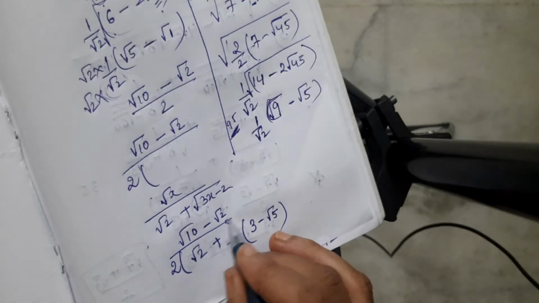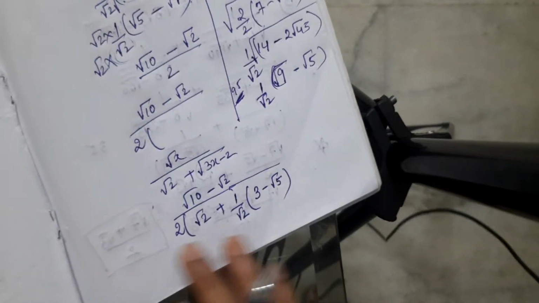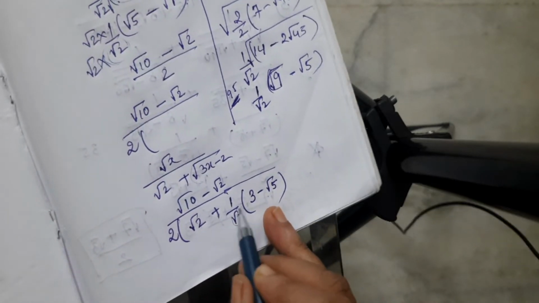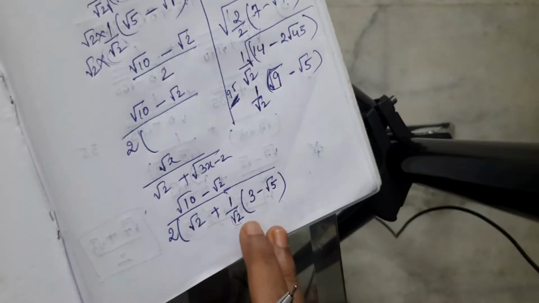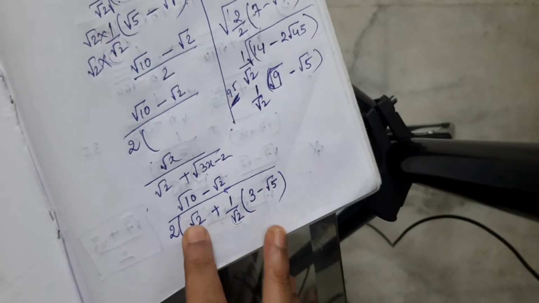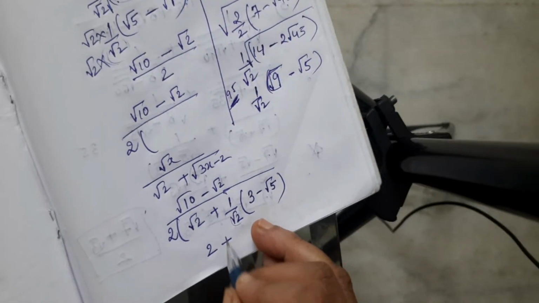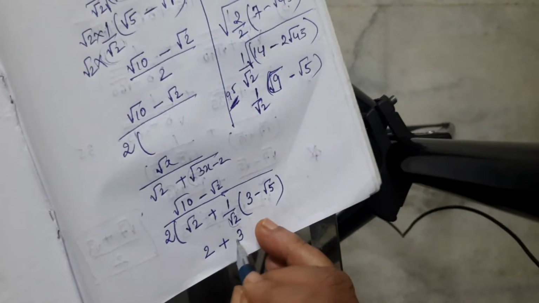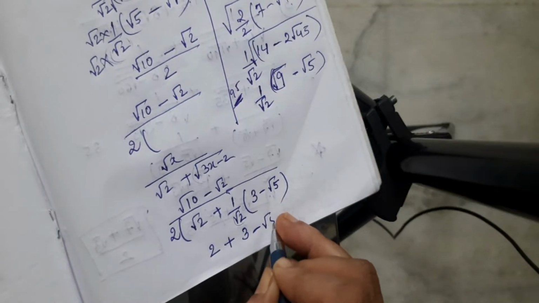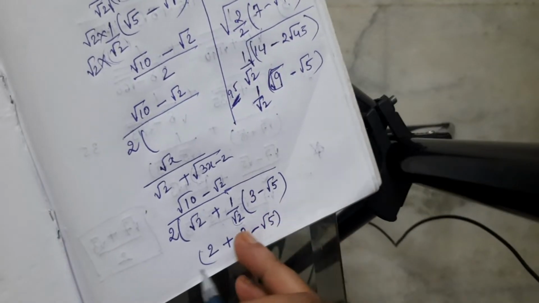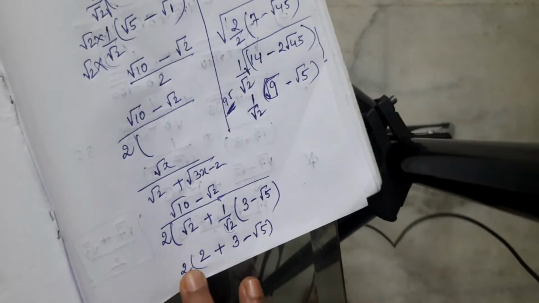Now there will be LCM. How to solve it? If I take this root 2 LCM, root 2 will multiply here. So root 2 multiplied by root 2, it's 2. Plus, this we will repeat as it is, 3 minus root 5. Overall, 2 is there.